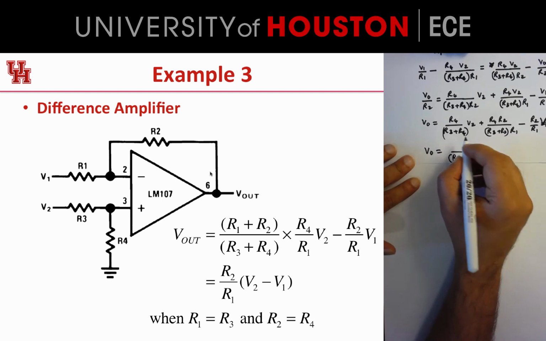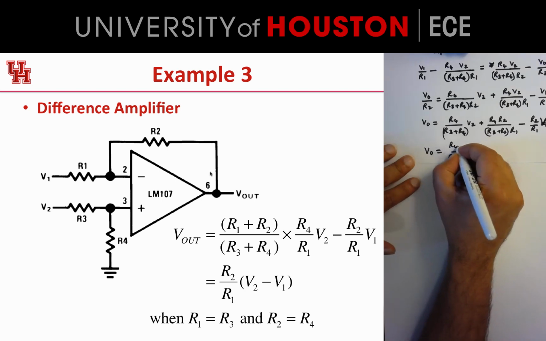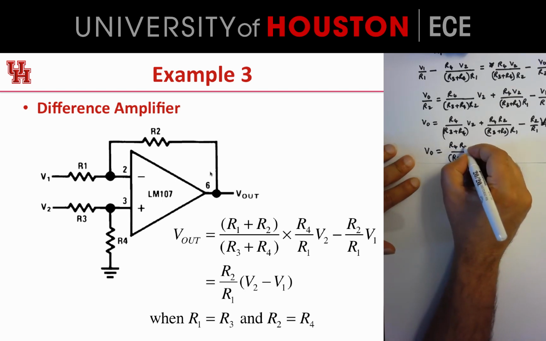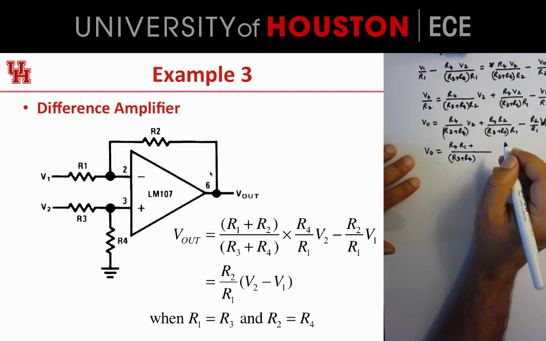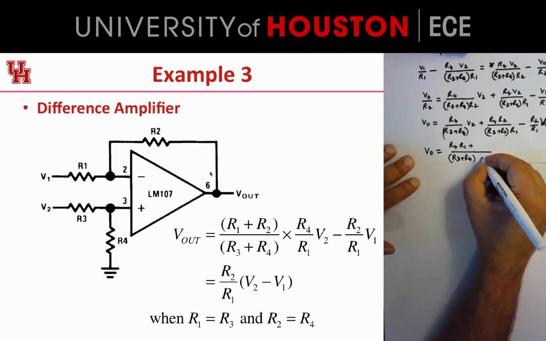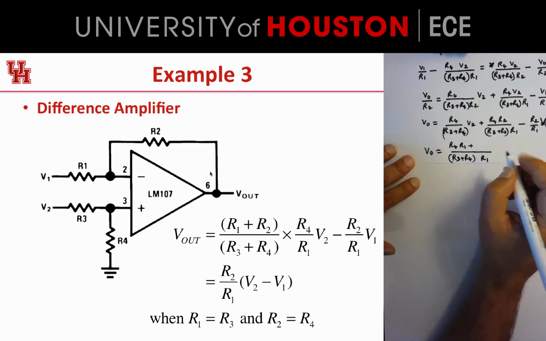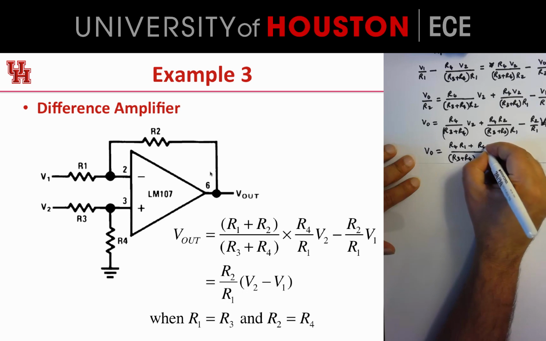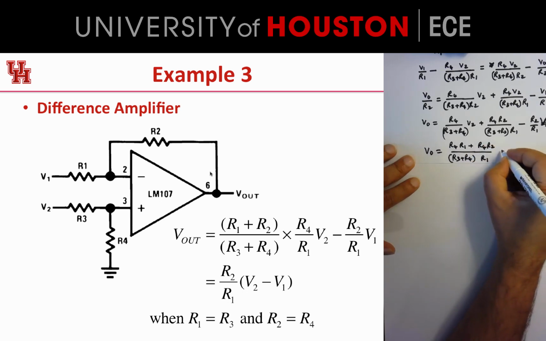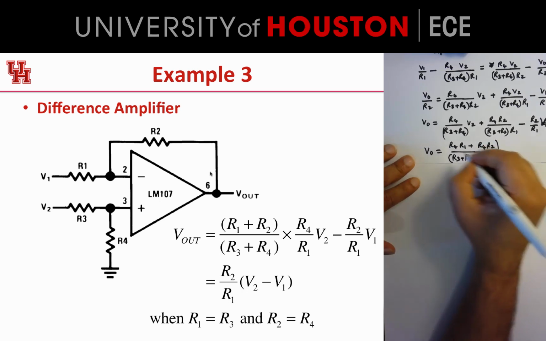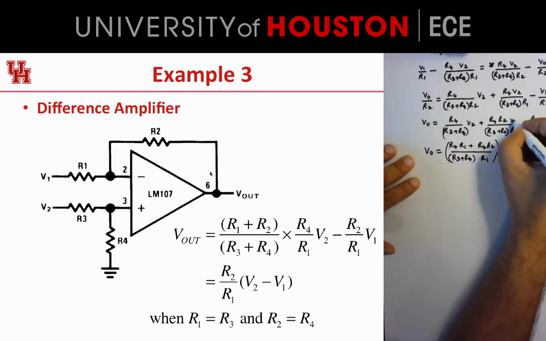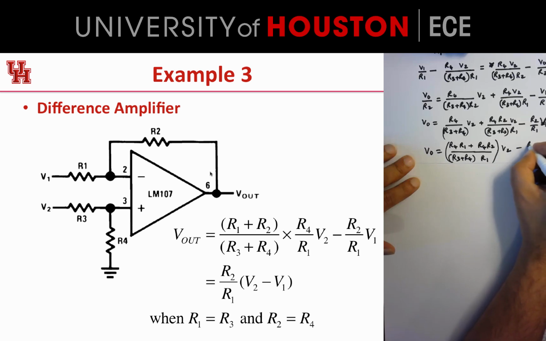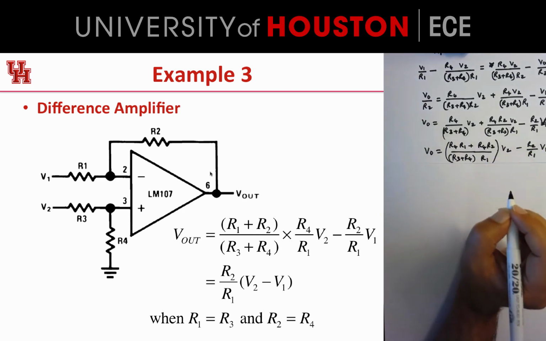I got R4, R1 plus, okay, I can have the denominator R1, then I have R4, R2, this whole thing times V2, oh sorry, I had a V2 here, minus R2 over R1 times V1.